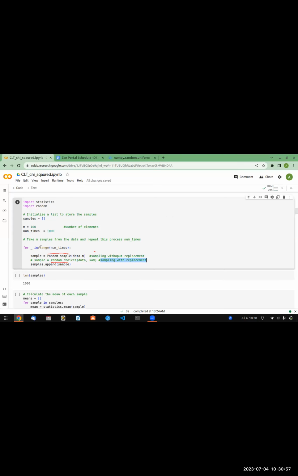Now here we took the sample, guys. Let me erase these things. After taking the sample, what are the arguments we are using in this function? The data. Where does the data come from, that variable?